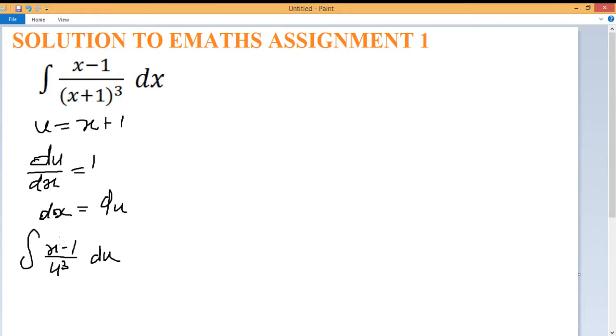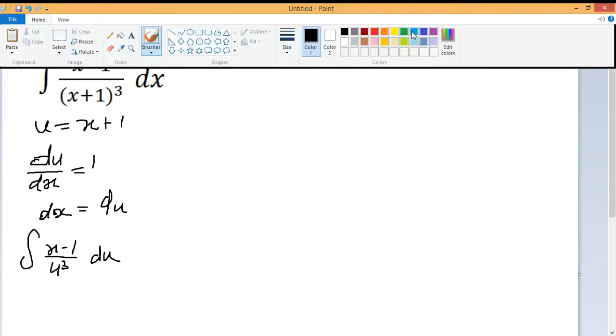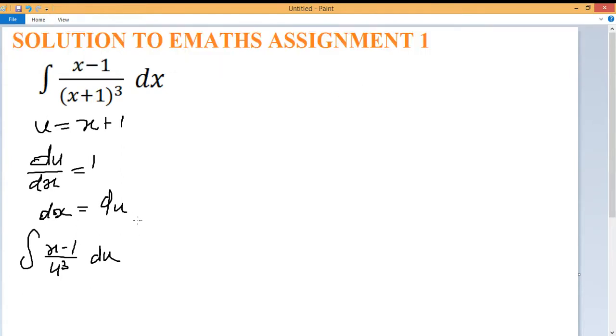We have to find a way of removing this x before we can integrate with regard to u. In order to do that, we should remember that from the beginning of the calculation, we said the expression u is equal to x plus 1. So we can make x the subject from that equation.